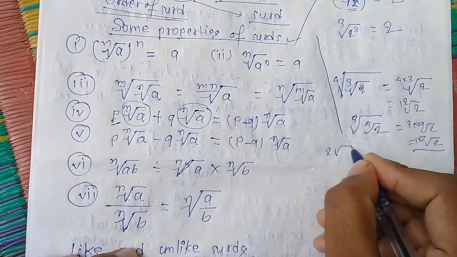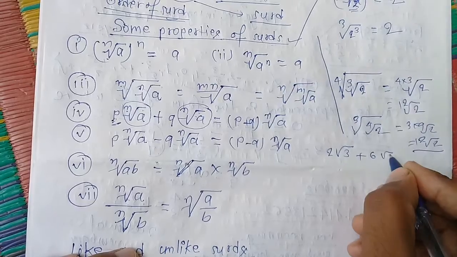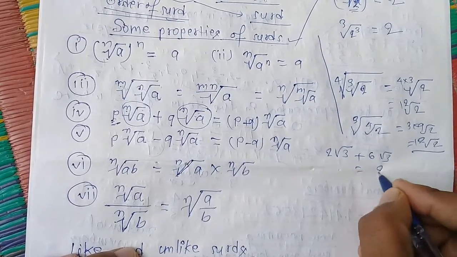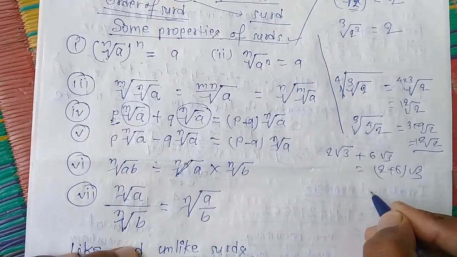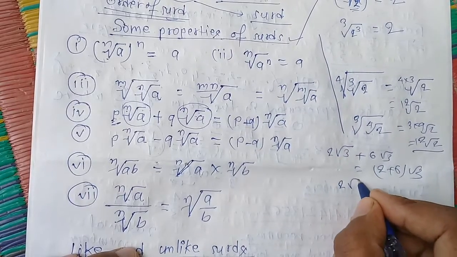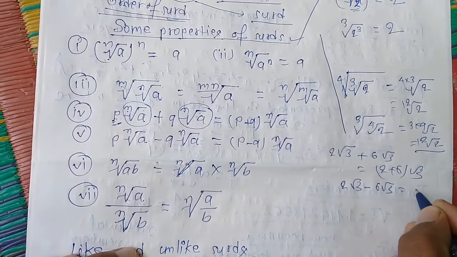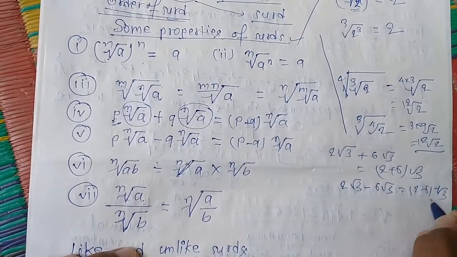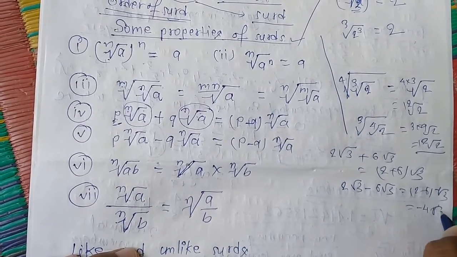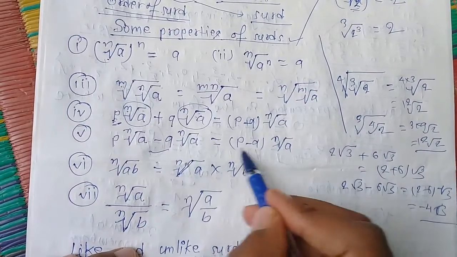It means 2 root 3 plus 6 root 3 gives 2 plus 6 root 3. And 2 root 3 minus 6 root 3 gives 2 minus 6 root 3, that is minus 4 root 3.